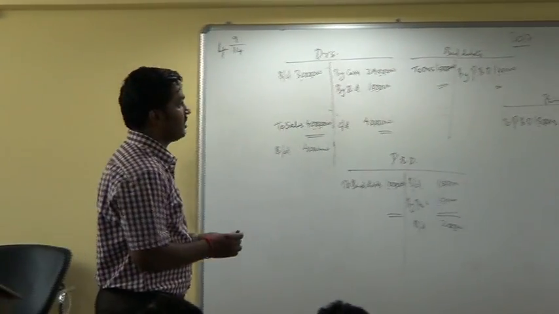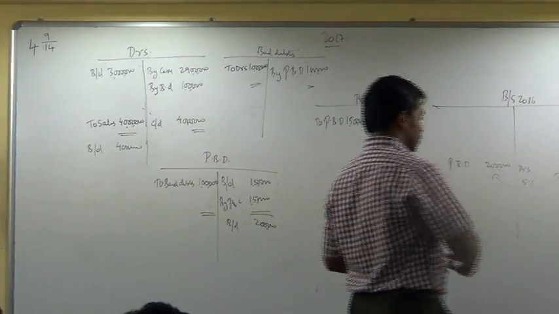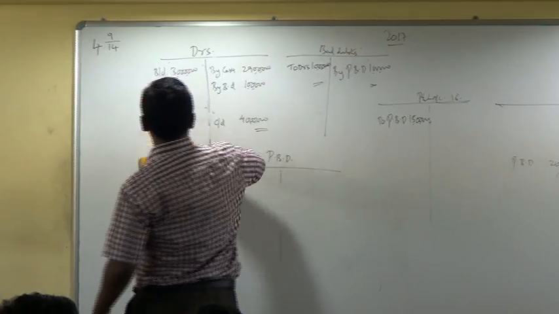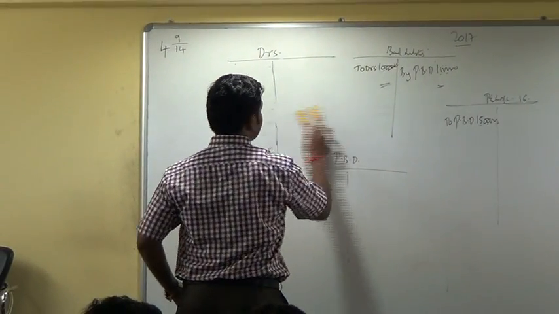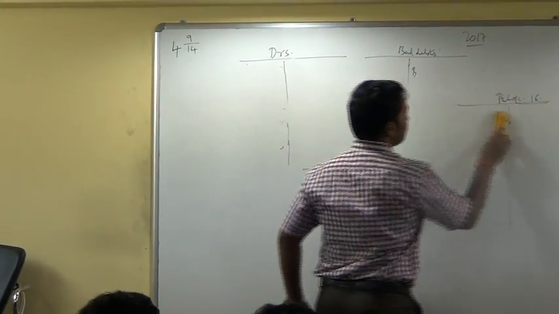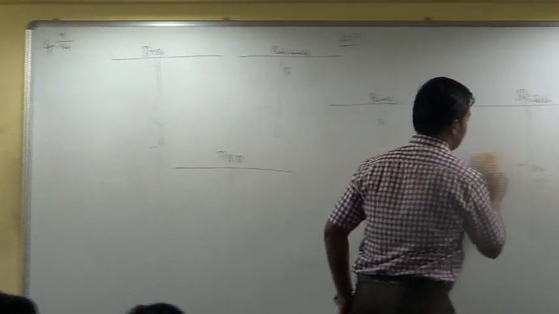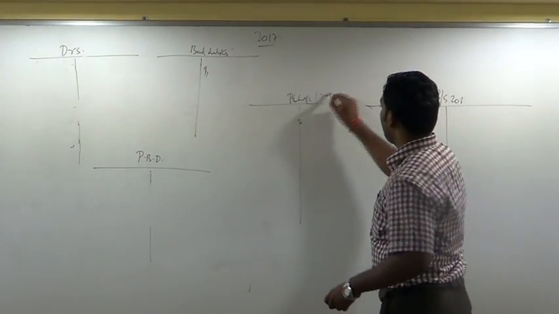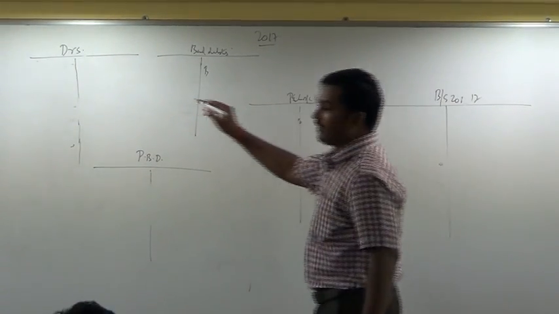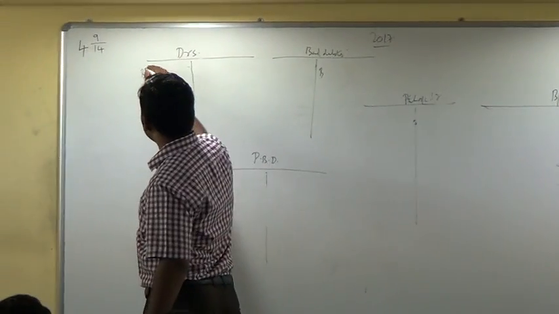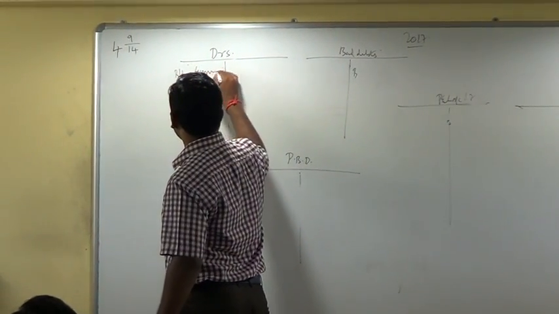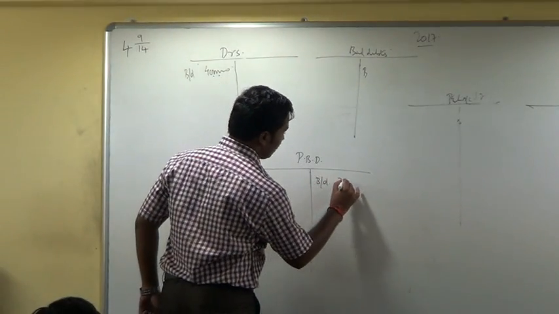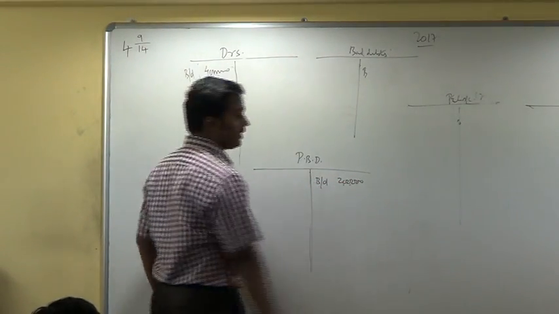Closing figures of 2016 will now become opening figures for 2017. Now tell me, what are the opening figures for debtors? Brought down. 40 lakh is the opening debtors balance. Provision for bad debts. 2 lakhs. Balance brought down. 2 lakh rupees is the opening balance.